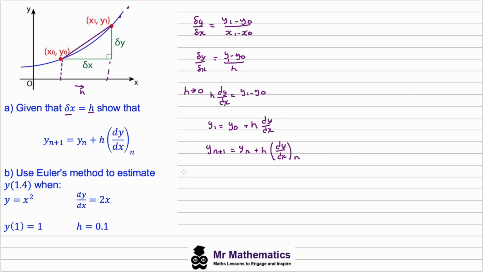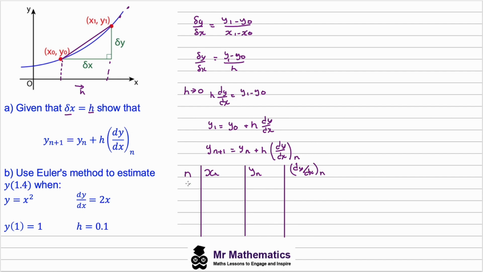So if we have our iteration n, then we have the x value at that iteration, xn. We'll have the y value at that iteration, and then we'll have the gradient dy by dx for that iteration.